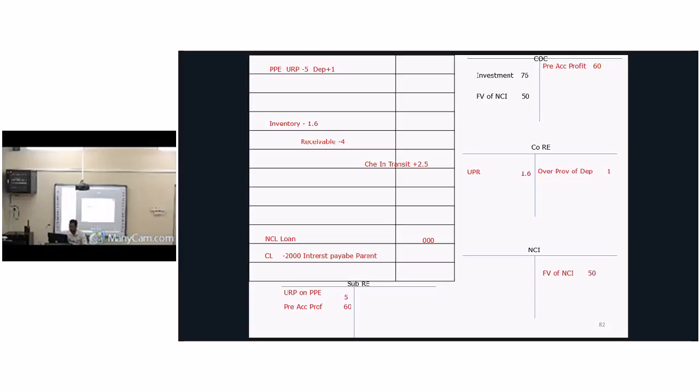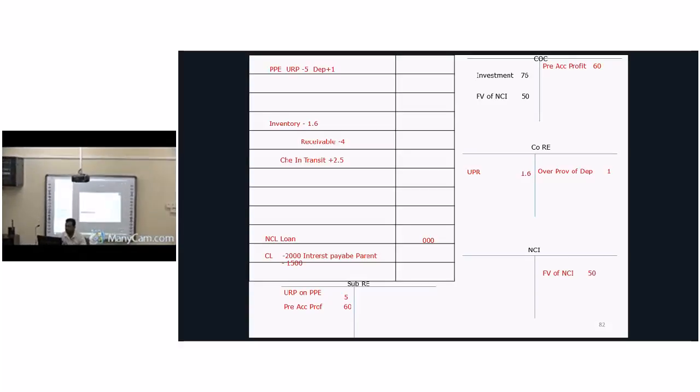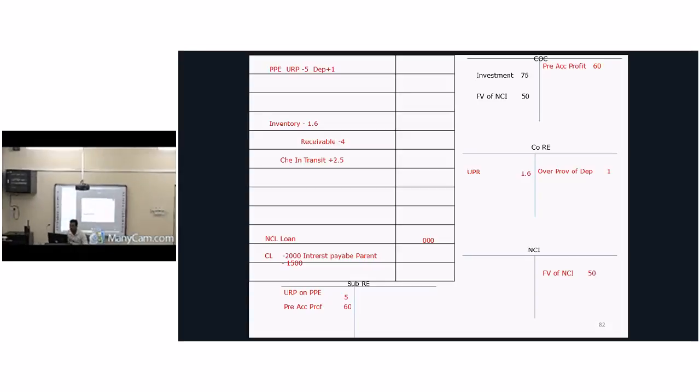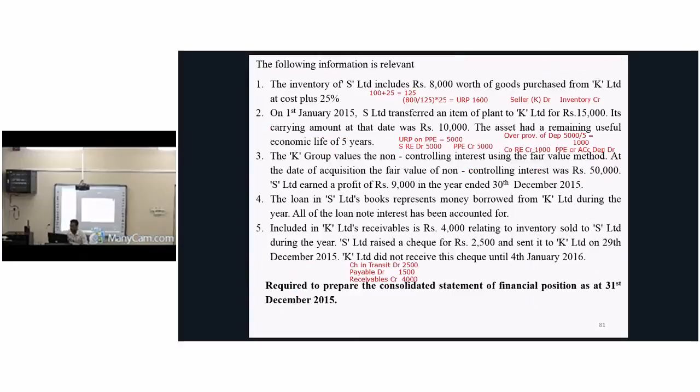And credit to payables, another minus 1,500. Check in transit debit, payable debit, and receivable credit. Payable debit means again we subtract this 1,500. Right, that's all about this, and now we will finalize the figures.